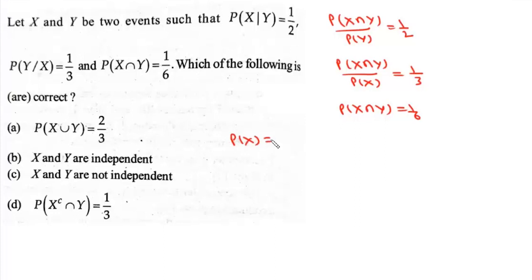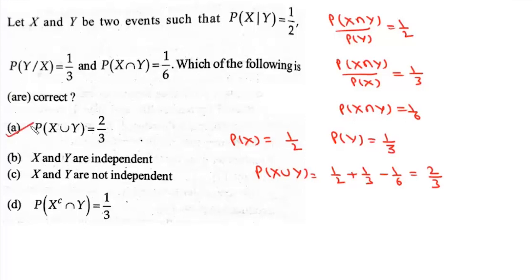Now this P(X) will be 1 by 2 and P(Y) will be 1 by 3. Now once we have P(X), P(Y) and P(X intersection Y), we can calculate P(X union Y). Now it will be 1 by 2 plus 1 by 3 minus 1 by 6. So there will be 4 by 6, which is 2 by 3. That means this statement A is correct.